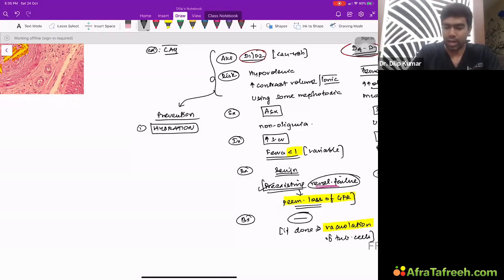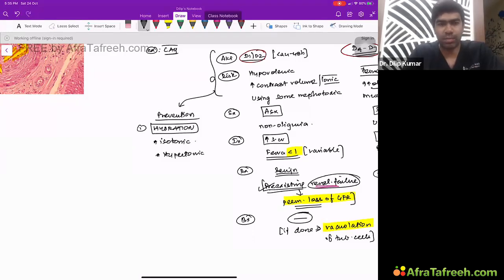I'm going to use only isotonic fluids. But there have been some studies which show I can use hypertonic solutions also, like soda bicarbonate solutions, tried in many outpatients as well as inpatients, pre-procedure and post-procedure.